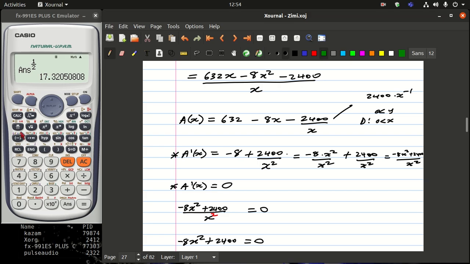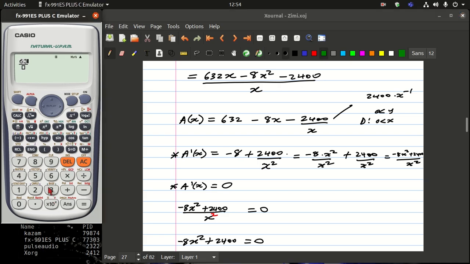We're going to end up having 362, and then inside you plug in the square root of 300, then minus 8, and then inside you have the square root of 300, and from there you can square it up, then subtract 2400, and at the end of the day you divide by the same thing, the square root of 300.